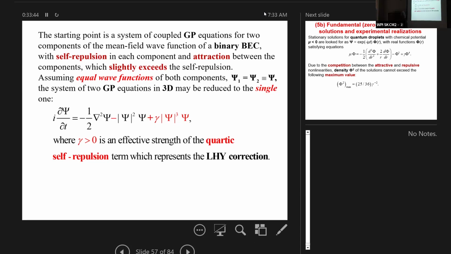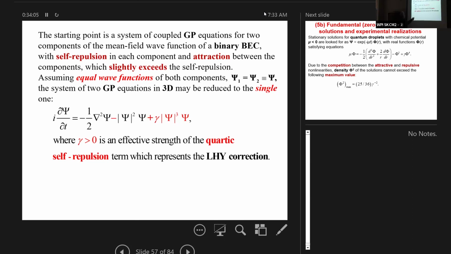And then, if this balance, this compensation between the internal self-repulsion and cross-attraction, is almost exact, and only slightly the cross-attraction is stronger, in that case one should take into regard also this Lee-Huang-Yang correction in each component, because normally it's very small.